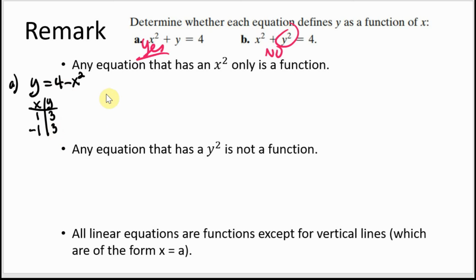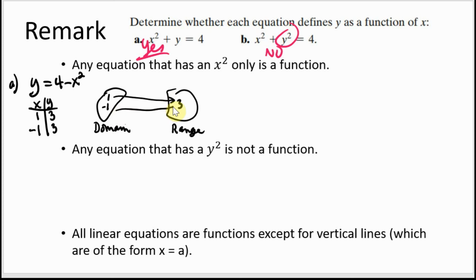I can have that. There are other numbers there, the range and the domain are bigger; I'm just selecting a couple. That's fine, because the first component is different.